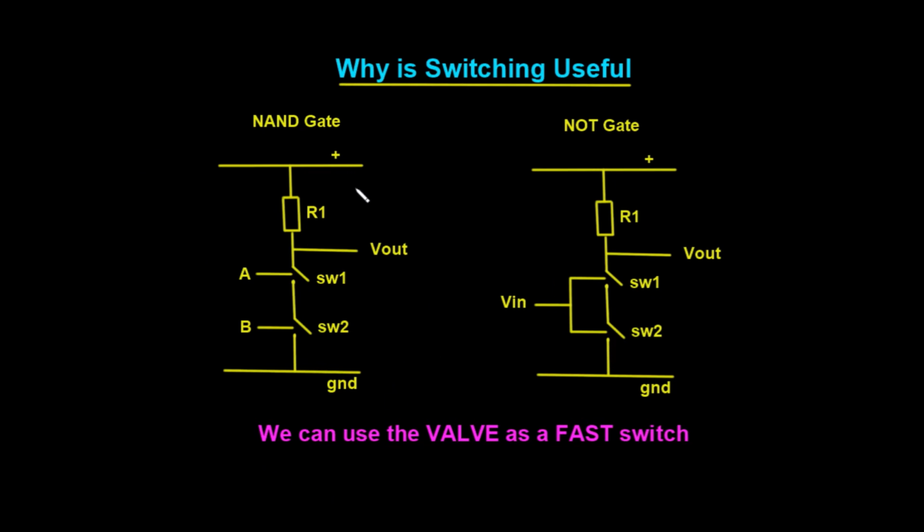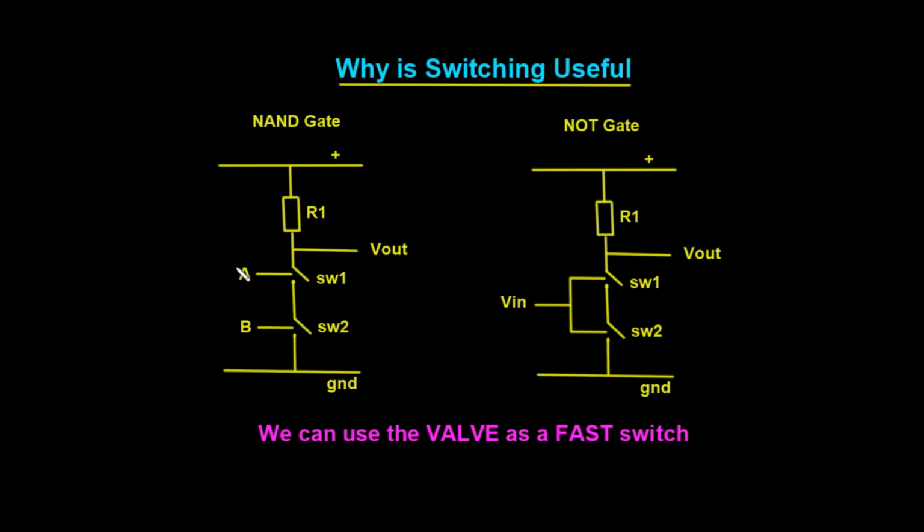So for example, I've got a NAND gate and a NOT gate and a logic circuit. We can see here that if we had a switch here, SW1, and a switch here, SW2, if both of these switches are closed, then we have current flowing all the way down through to ground, in which case we drop this voltage across the resistor, and it means that this point here goes low.